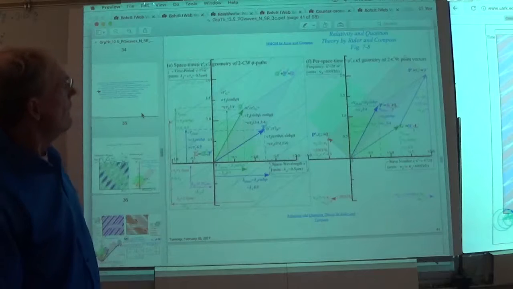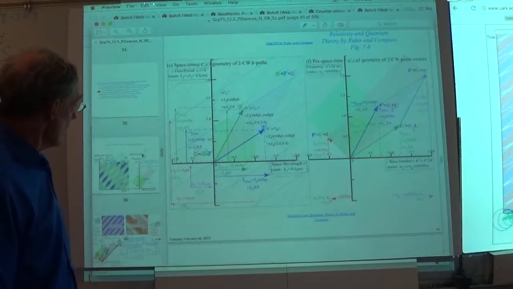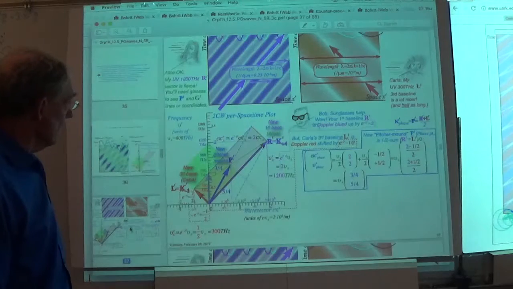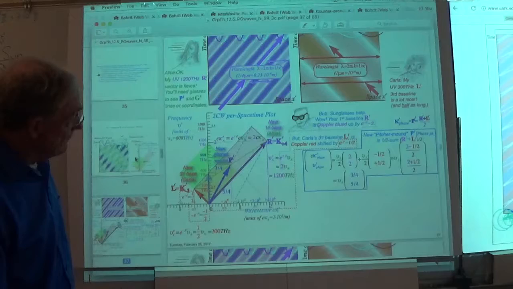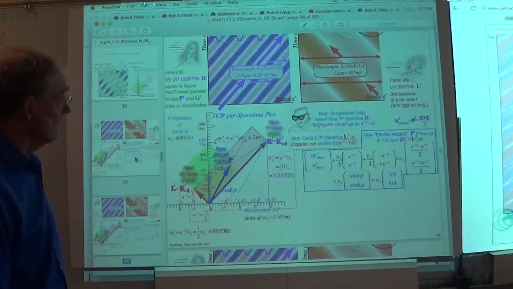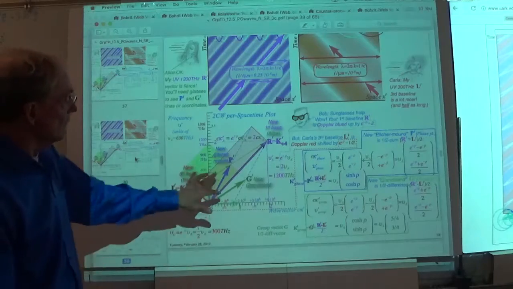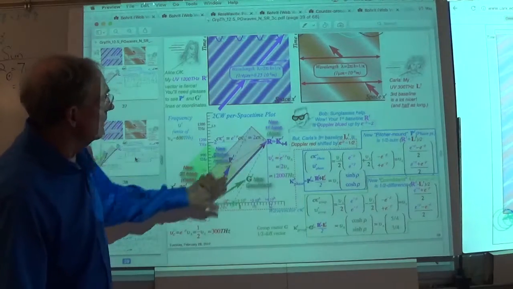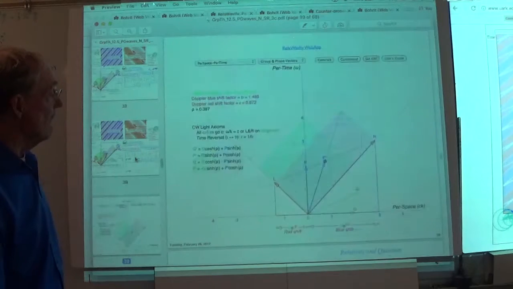Anyway, this is where we were, and I don't know if I can move it that way. Yeah, I can. So that's the thing that's giving you the coordinate system. That's the rhombus right there.